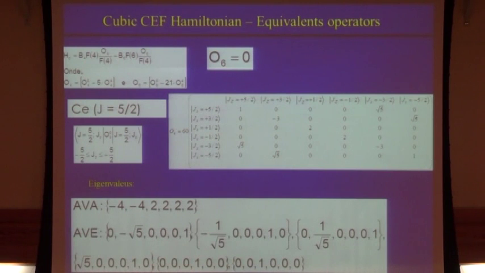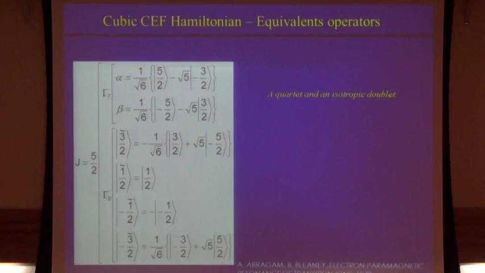They are written in terms of J, and you can get from a table how they depend on J, and you can make a 6x6 matrix for Cerium. It's very easy, and you can diagonalize that matrix, and for cubic symmetry, you will get two eigenvalues, right? Two different energies, and two different states.